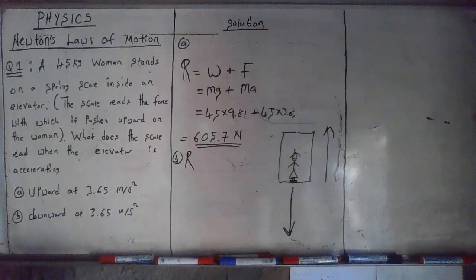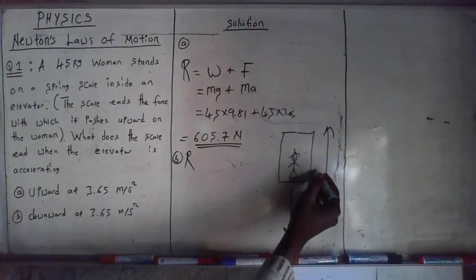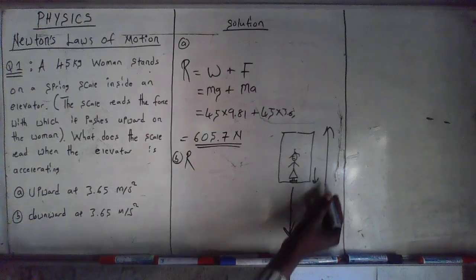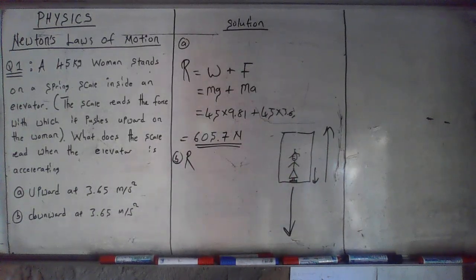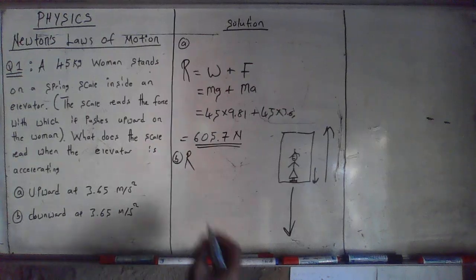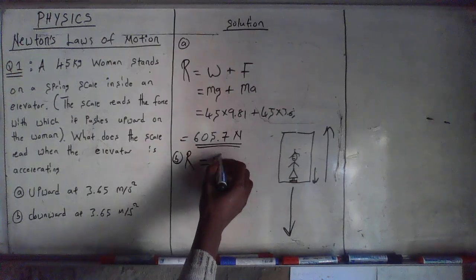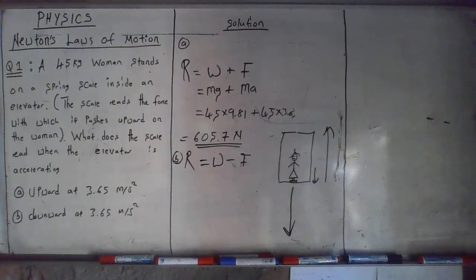So in this case, the woman's weight will be acting in this direction, but this force will be acting upward. As a result, this force is opposite to this one. Because of that, the reading will be the weight of the woman minus that force, because it will be reducing the amount of weight which will be read on the scale.